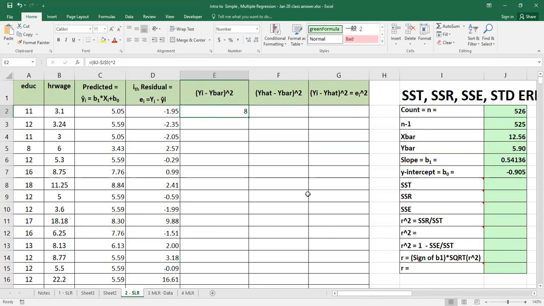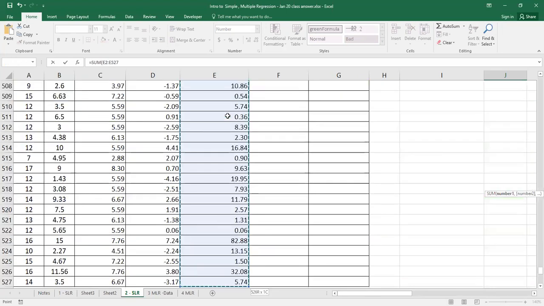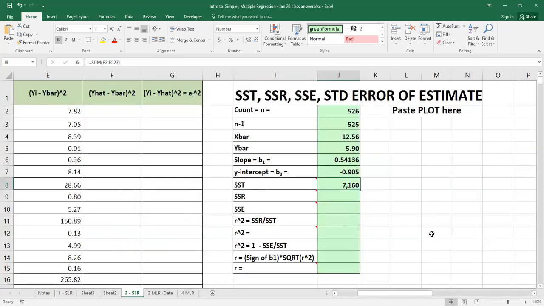Ilan tayo? Dalawang decimal places. Okay, and then we add this. It's equal to sum, okay, 7160.